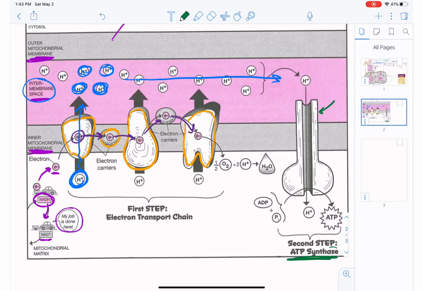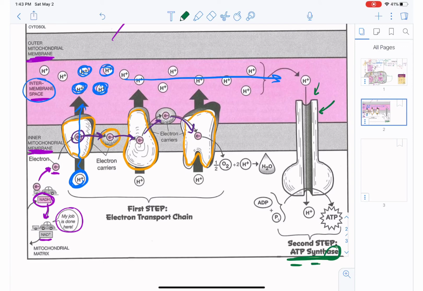Now, when you see the suffix ase, what does that mean? That means that it's an enzyme. And what is this enzyme going to do? It's going to synthesize ATP. Now, how does it do that? What's going to happen is there's going to be a channel in this enzyme that's selective for hydrogen.